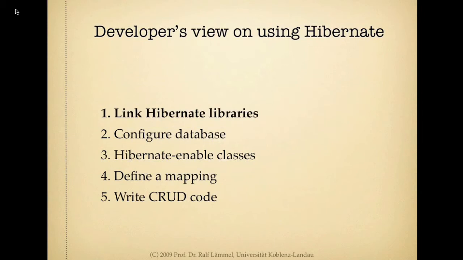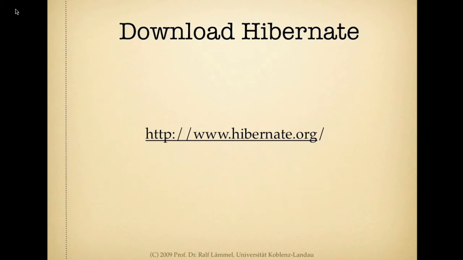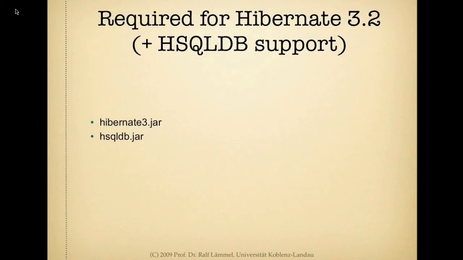Okay, let's look at the libraries first. Well, we somehow need to download the various libraries for Hibernate, and in effect this boils down to two libraries. I mean the Hibernate jar itself, but also the HyperSQL database jar, assuming that we want to use that database engine.